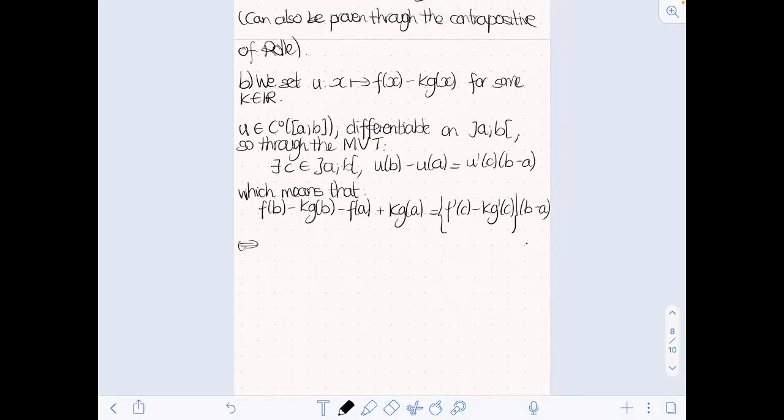In turn you can factorize the terms and rewrite them a little. You get f of b minus f of a as a first bunch of terms, minus k times g of b minus g of a, equal to f prime of c minus k g prime of c, times b minus a.